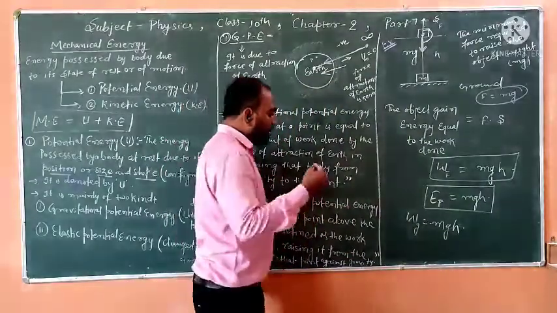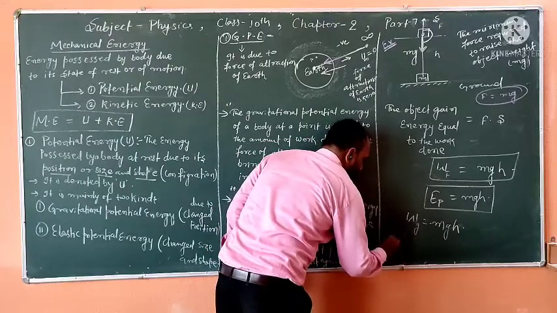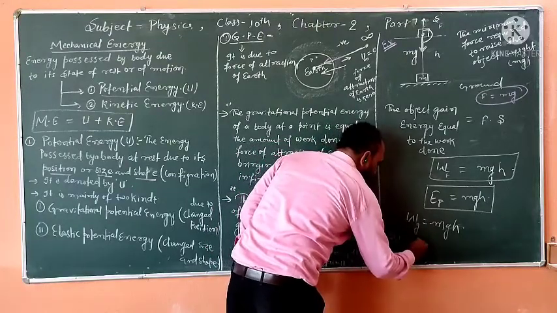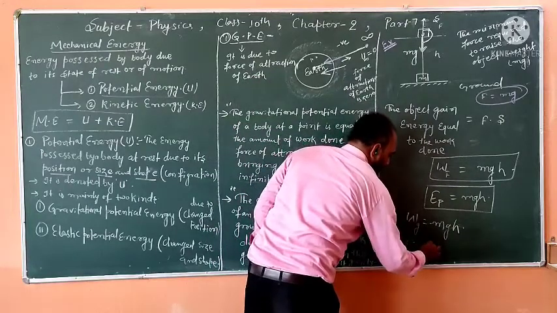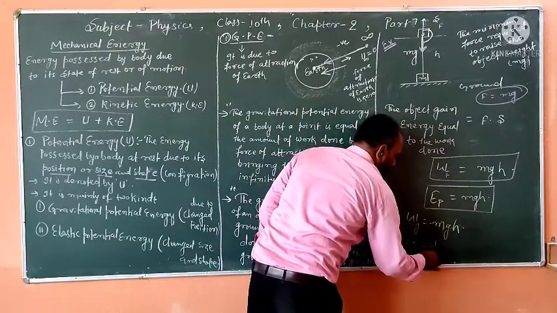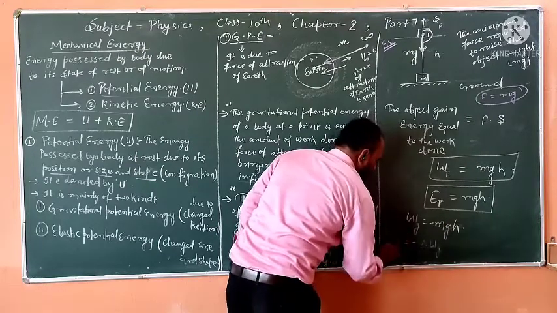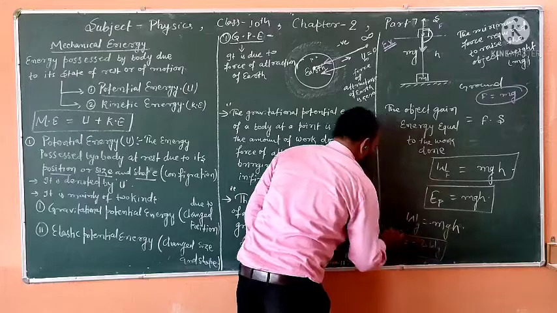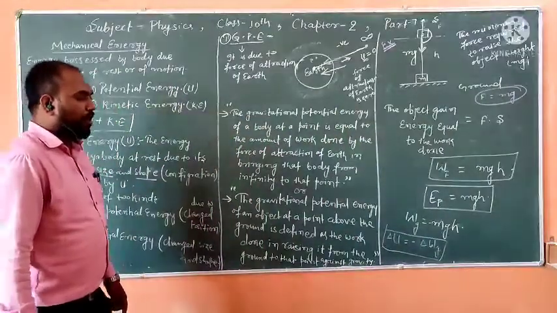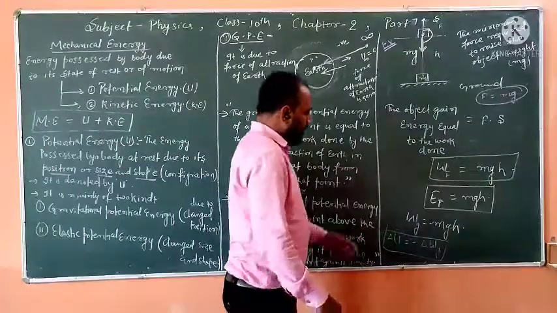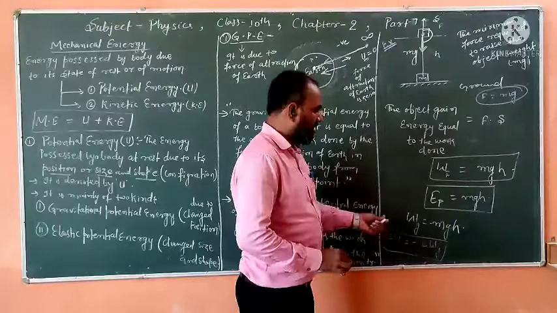Okay, so simply, the change in potential energy, that is delta U, is equal to the negative of the work done by the gravitational force. It is an extra thing which I am adding for you all. If you understand very well, good; if you don't understand, don't mind it, because it is an extra thing.